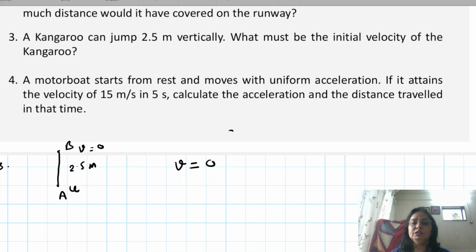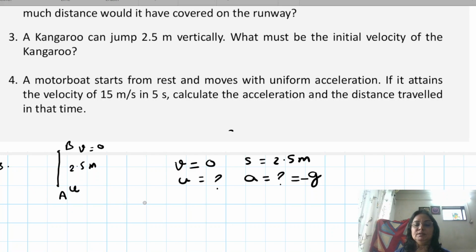So v is equal to 0, u is equal to question, s is equal to 2.5 meter, and a is equal to question. But what is a here? Acceleration will be equal to nothing but g, gravity. So it is moving against the gravity. So acceleration will be minus g.